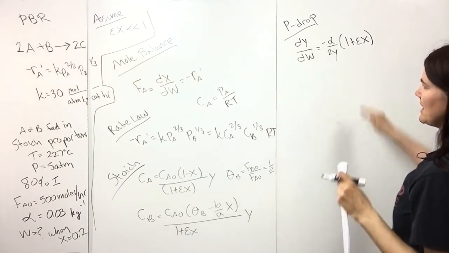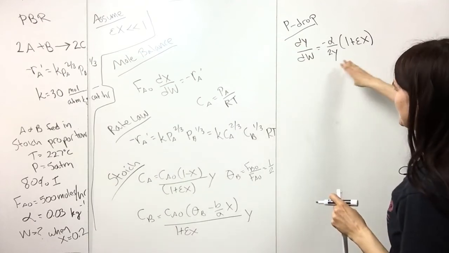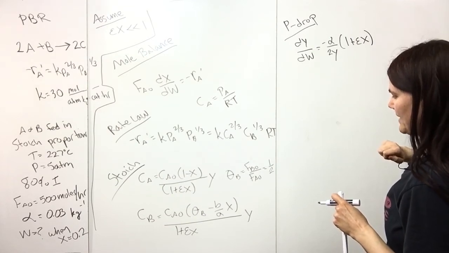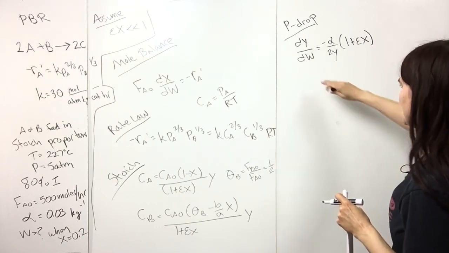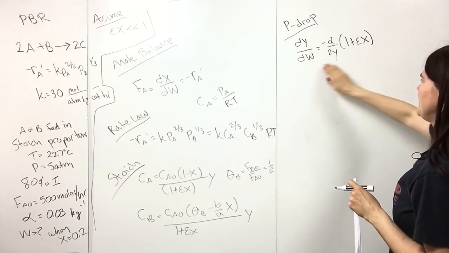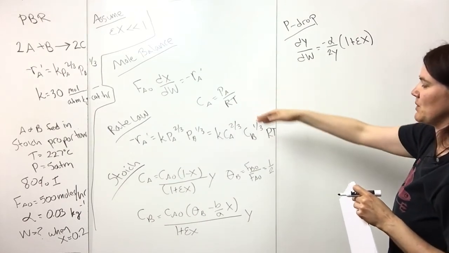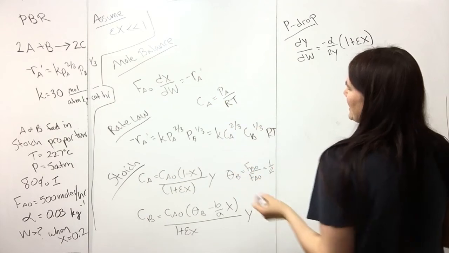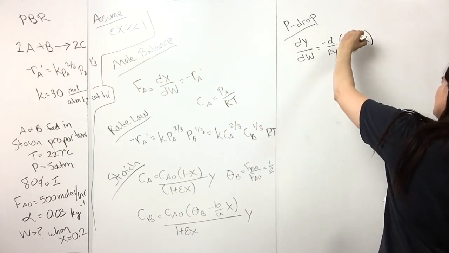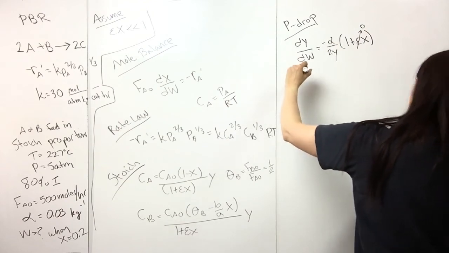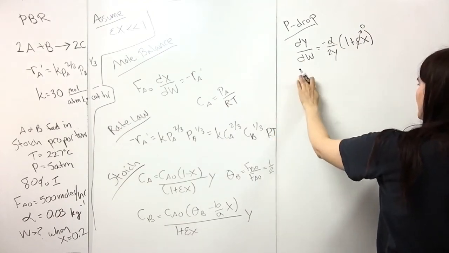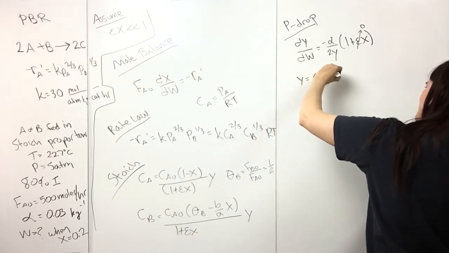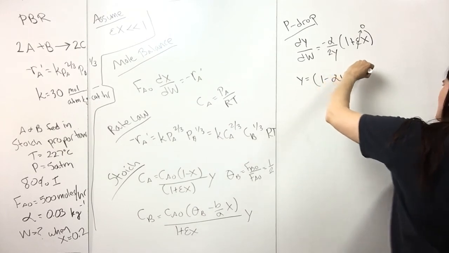So then this is really where we need this assumption, because right now we have two coupled ODEs and we want to get an analytical solution, so we need to figure out a way to solve this, and so we can plug it back into this equation and solve it. So by assuming that epsilon x is really small, we can just say that that's 0. And then if you remember, if we do that, then we can integrate this and we get y is equal to 1 minus alpha w to the 1/2.